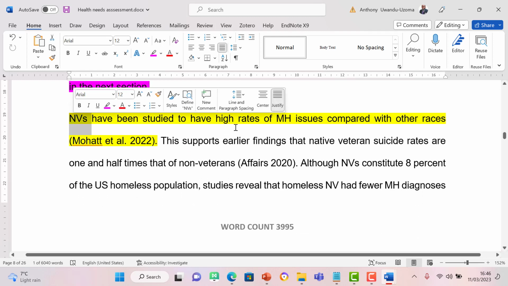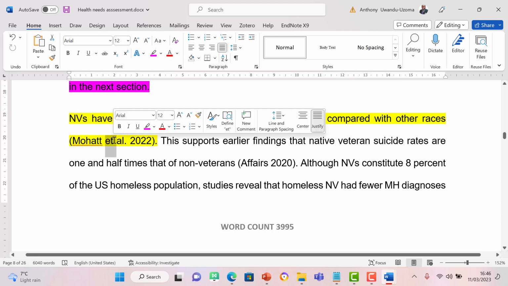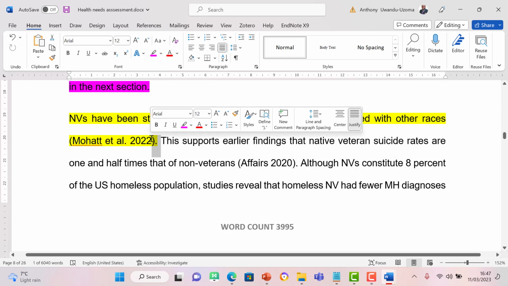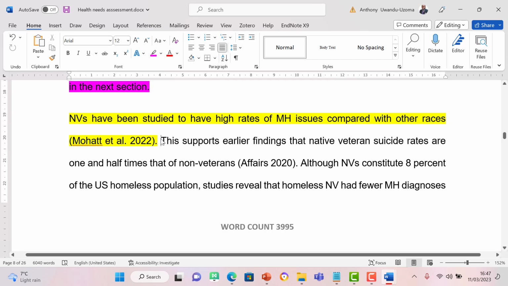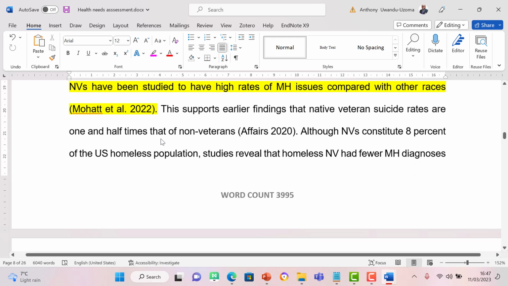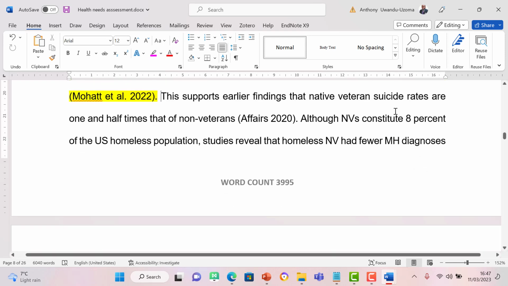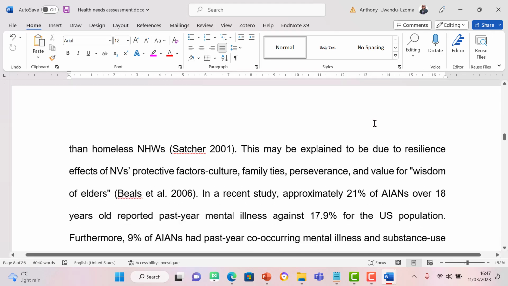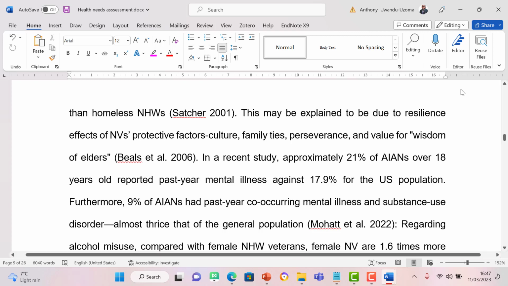The NVs have higher rate of mental health issues. But for me, at least two or three authors would have been here because it's a strong thing, right? It's a strong claim. Okay. So here you just narrow down what are the mental health challenges that they are having. Okay.